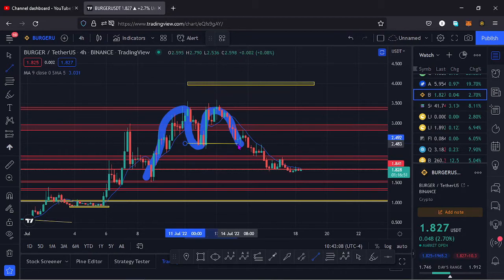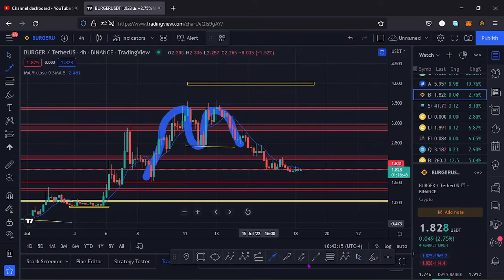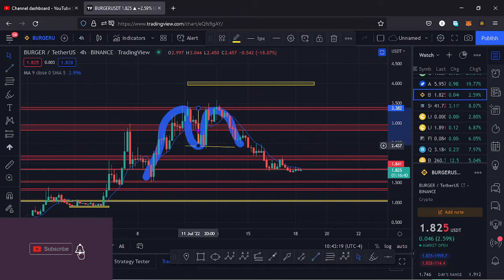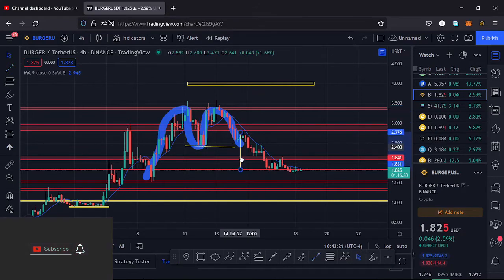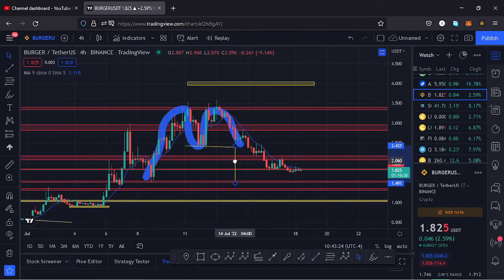So if I use a trend line here to get the height of that neckline, and then take the height, placing it right here to get a target to the lower side.